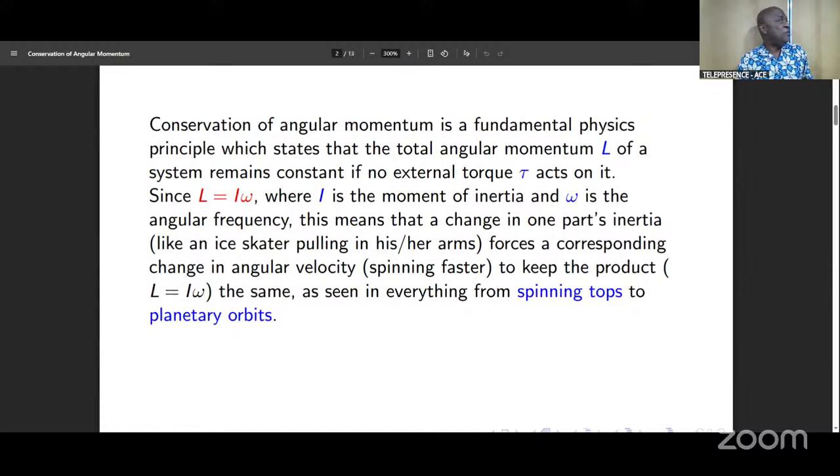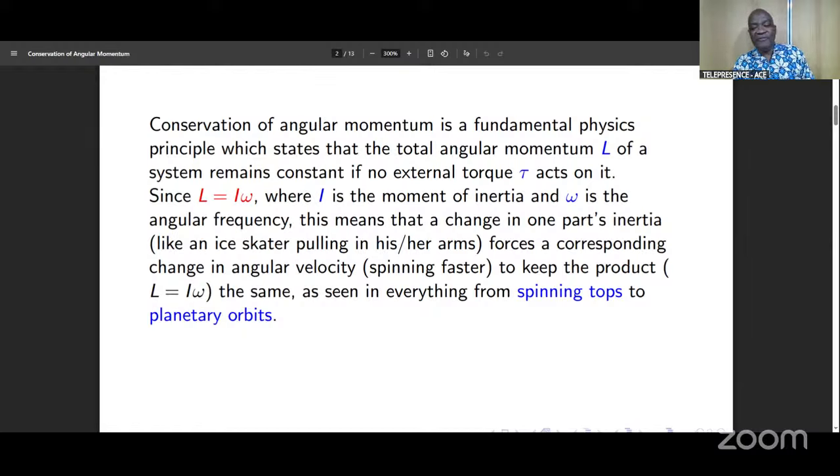Okay, so we discuss the conservation of angular momentum, which is a fundamental principle of physics, which states that the total angular momentum of a system remains constant if no external torque acts on that system. Again, this is the rotational analog, if you like, of the conservation of linear momentum.